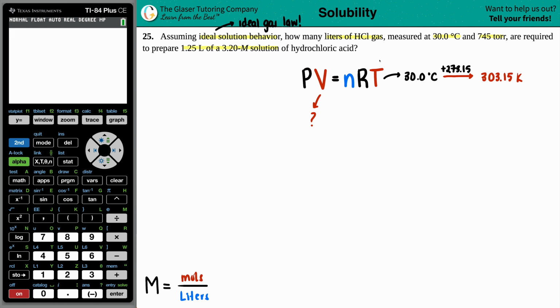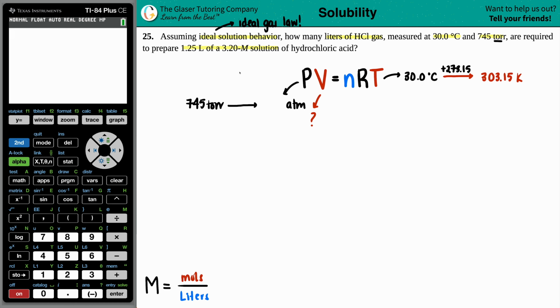So that's a check. Now they told us that we have 745 torr, and torr is a unit of pressure. So we got this covered. Unfortunately though, just like with the temperature, 745 is not the right unit for PV equals nRT. 745 torr has to be converted into atm.